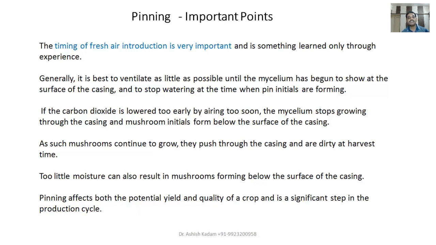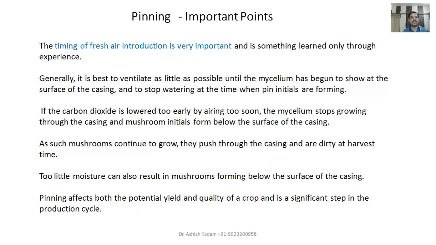If they are black, if there are brown spots, or if they are coming under the casing or in between the casing, then bacterial blotch is also very high. Then you will lose the production, you will lose the revenue, you will lose the profit, and then you may fail in the business. So mushroom growing is an art, and you have to develop that art.